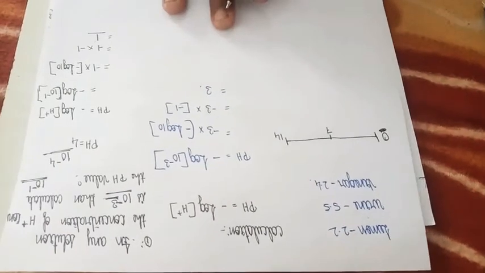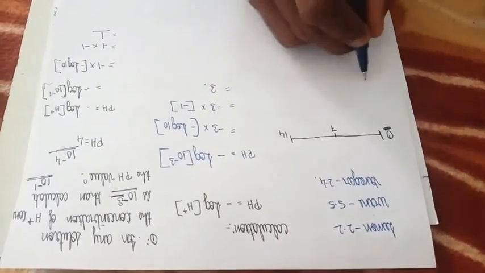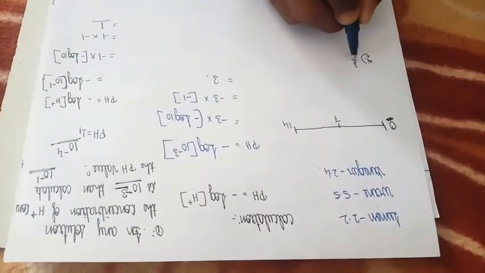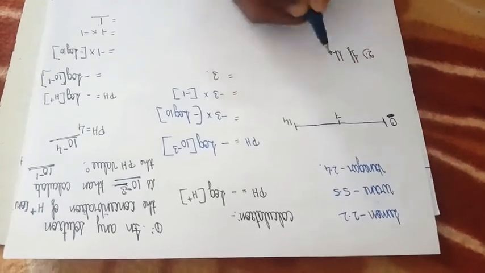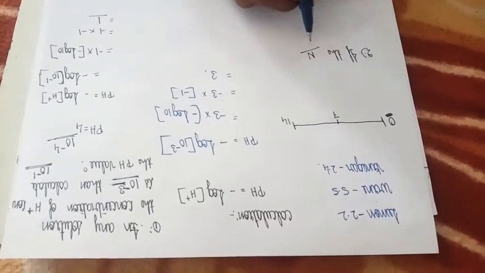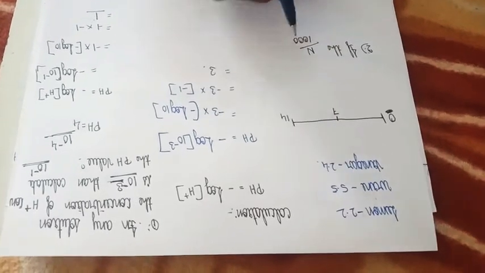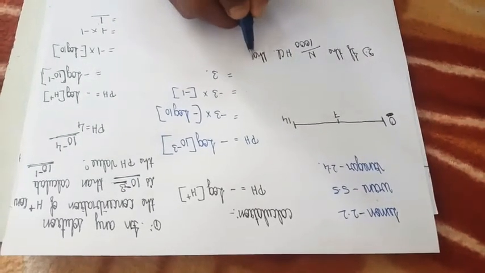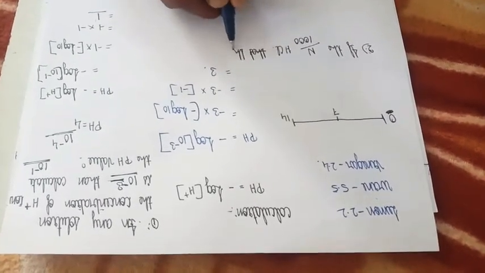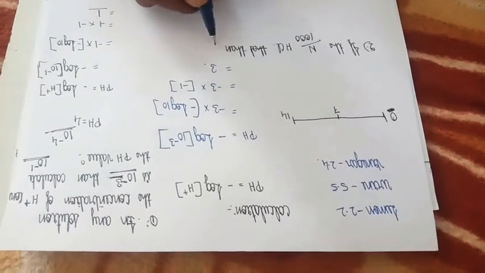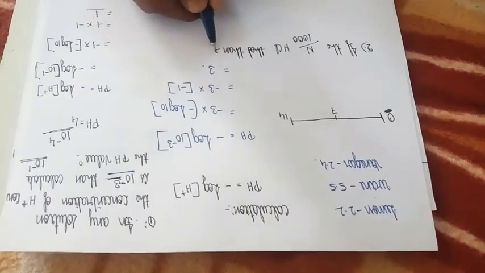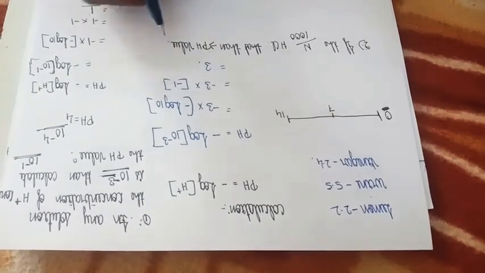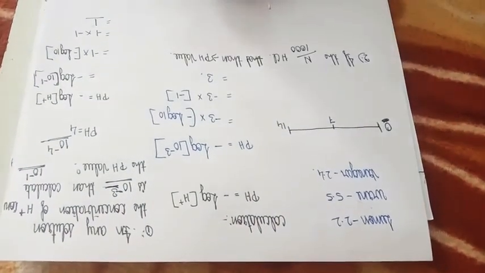We should take one more example. Second question: if the normal concentration is 1 by 1000 of HCl, then calculate the pH value. Let's calculate. Pause the video and calculate it.